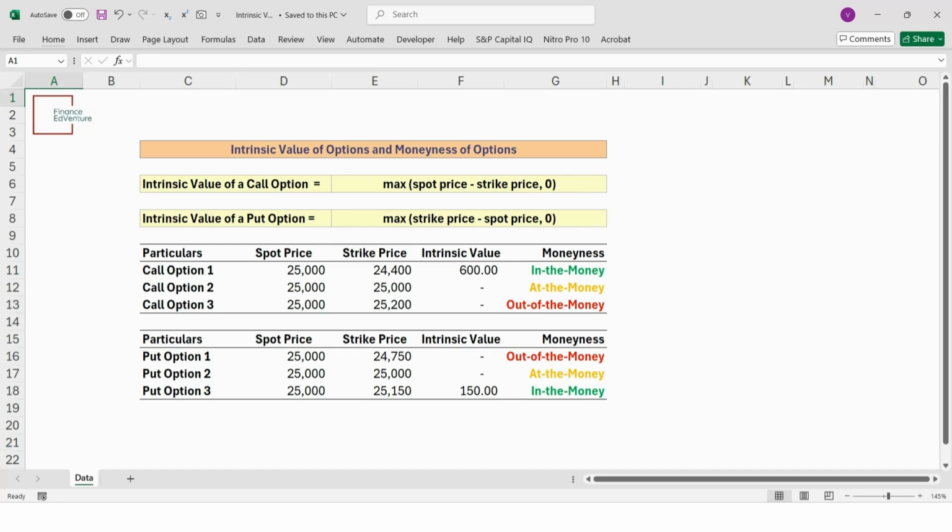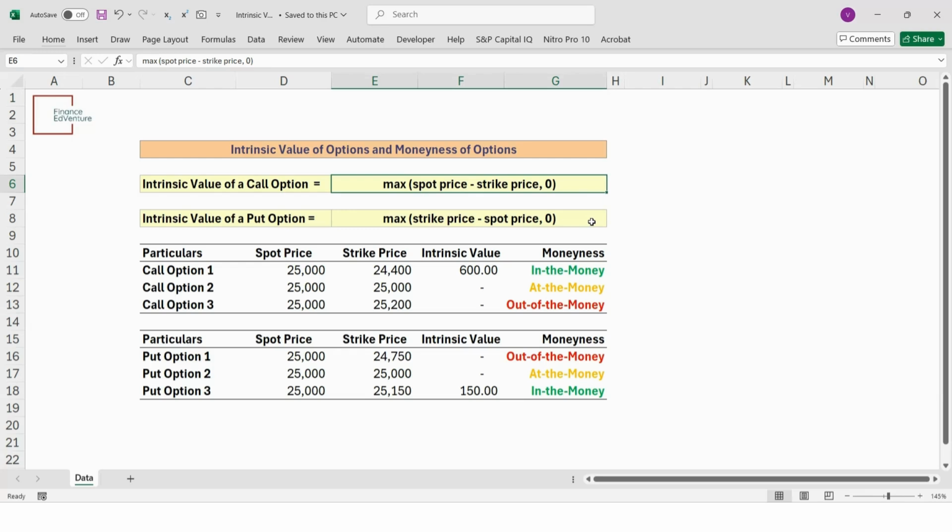Similarly, there is an intrinsic value of a call option and an intrinsic value of a put option. The mathematical formulas are fairly simple. Intrinsic value of a call option, as you see on your screen, is max of spot price minus strike price comma 0, which means the difference between the spot and the strike is what the intrinsic value of a call option is.